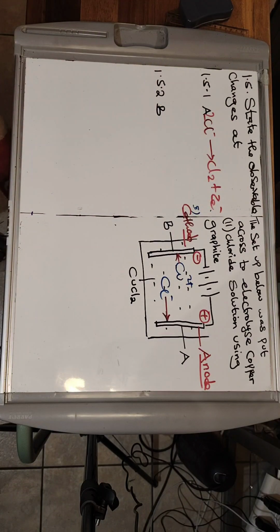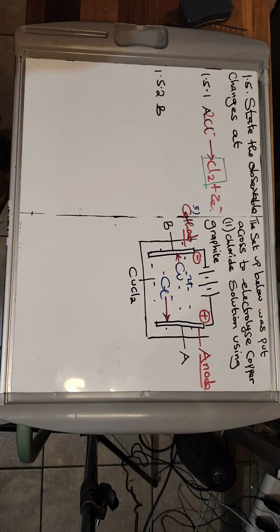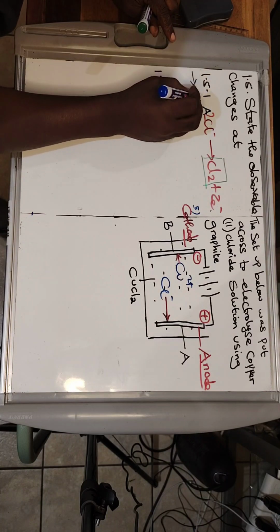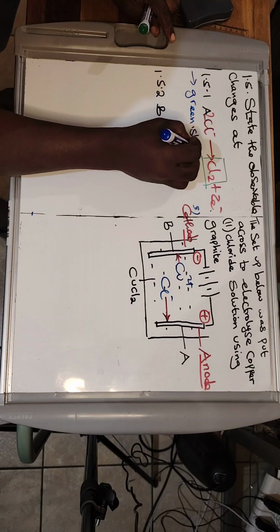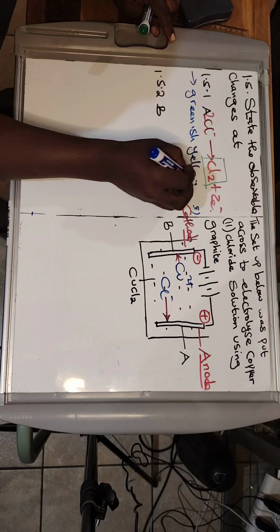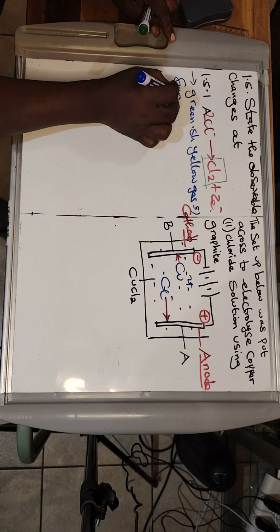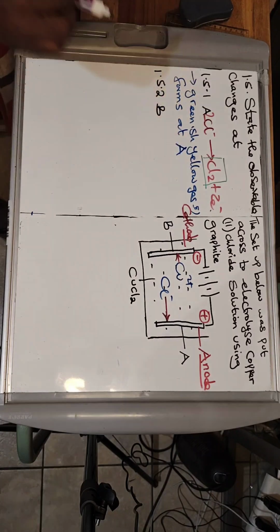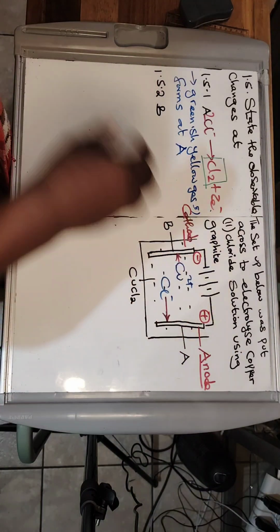What you see on this side is what you observe. So what do we observe? A greenish yellow gas forms at A. We'll be seeing bubbles of greenish yellow gas forming at A.